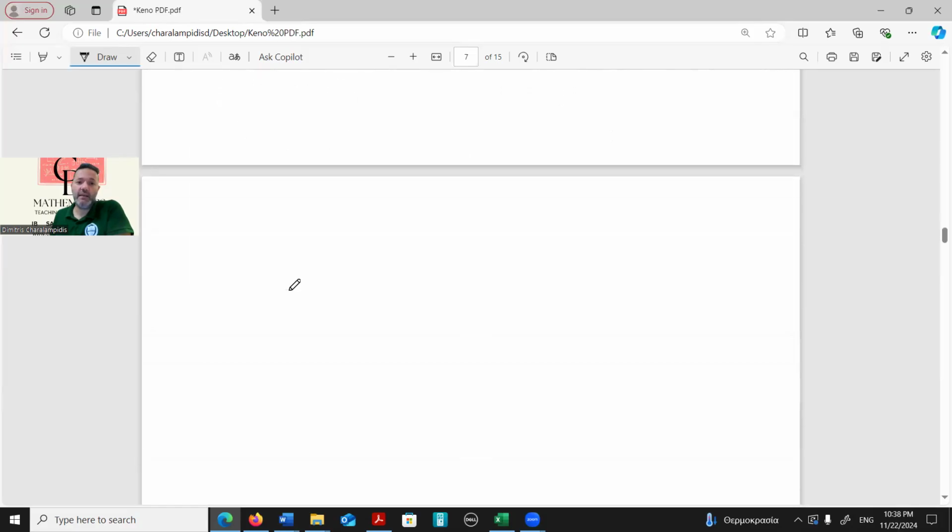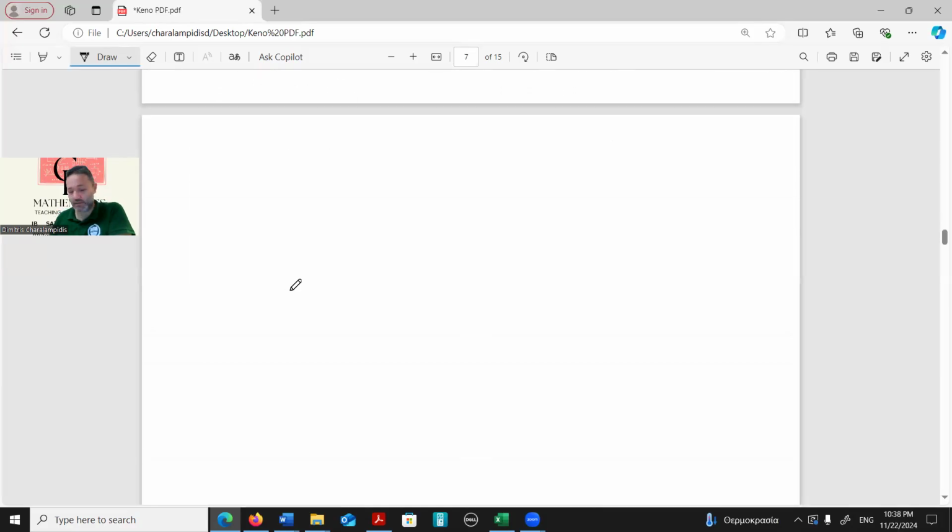And finally, let's finish our series of transformations with the last case. Case 6 is the one that takes f of x and moves it to f of minus x.